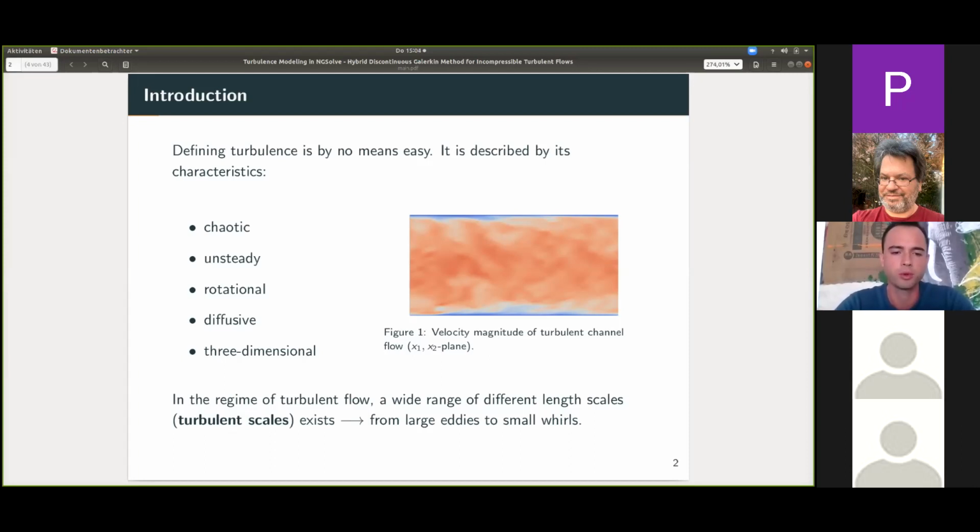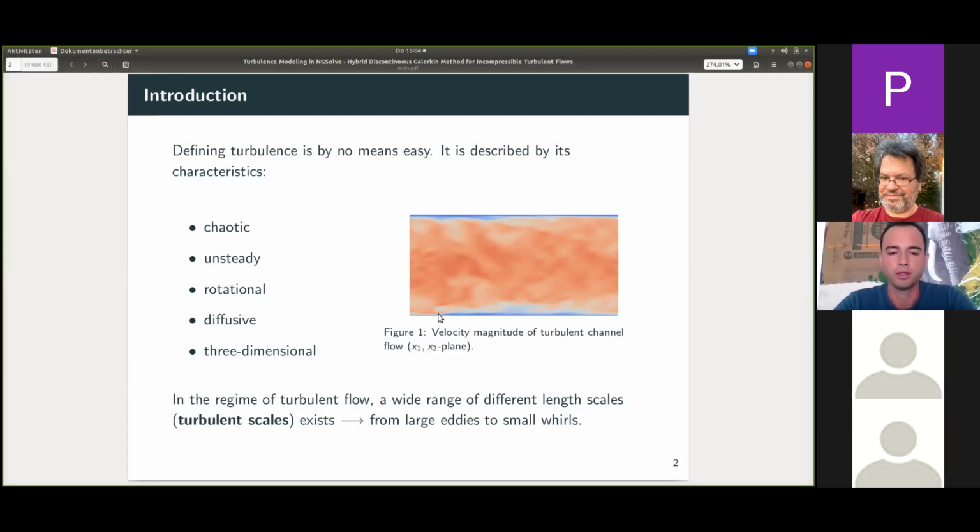And they are also very diffusive, so such flows cause a very rapid mixing of any transported quantities such as momentum or heat. Turbulent diffusion allows a much faster mixing than molecular diffusion. In the end, it is also a very three-dimensional phenomenon, especially in wall-bounded turbulent flows, as you can see here in the figure.